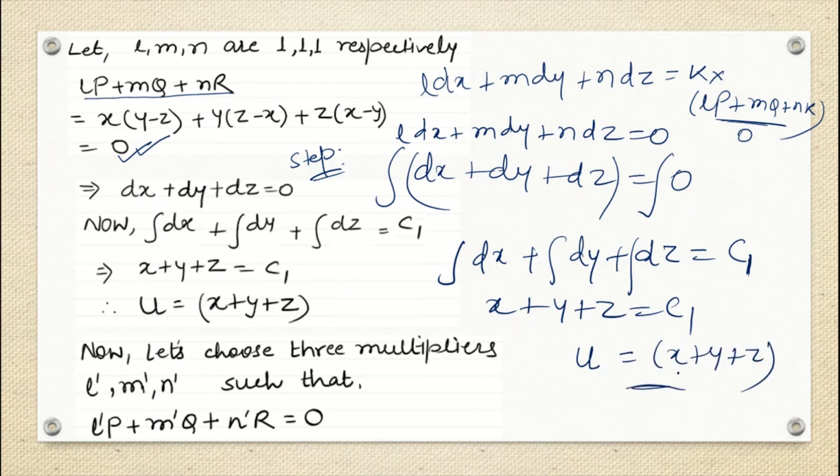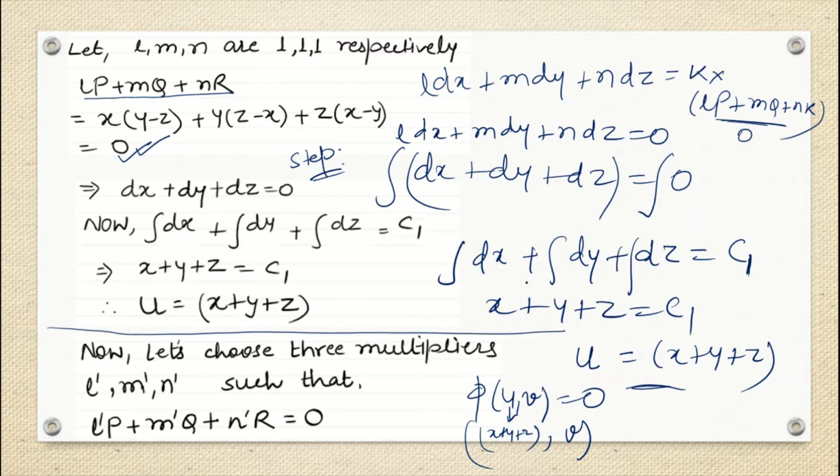Fine. So if the solution is phi of u comma v equals 0, instead of u I will be writing x plus y plus z. But now I am interested in what my v is. So the same process I am going to follow again. After that, I am going to choose 3 different multipliers, for which we have written down the names L dash, M dash, N dash, such that L dash P plus M dash Q plus N dash R should be 0, because after integration it is going to give me the other constant, the name of which we will write down as C2.